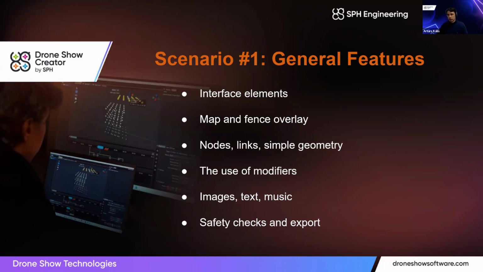We'll show you the typical node types, links, how they connect together, and geometry options, as well as the use of modifiers to set specific colors or give animations to the nodes. We'll cover different, more commonly used node types, like image node, text node, and also the music option. Finally, we'll walk you through the safety checks when you feel that your show is finished, as well as show the different export formats that we currently support in Drone Show Creator.